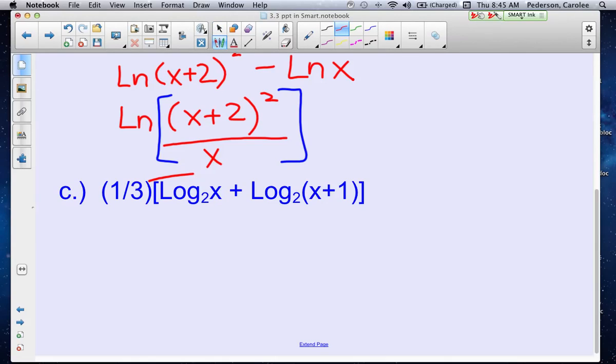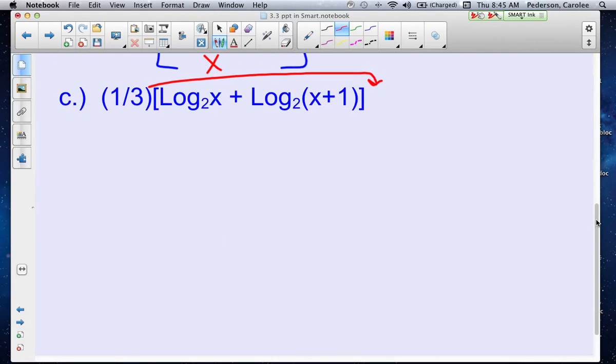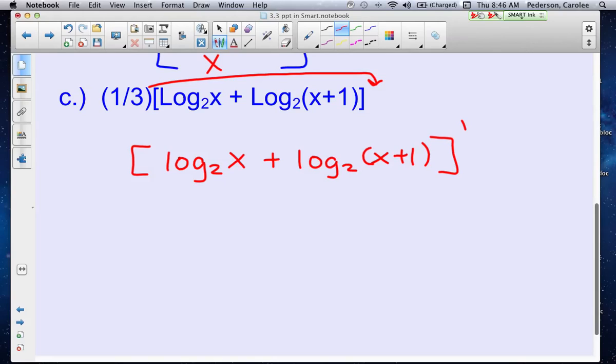So I bring that 1/3 back up to a power of 1/3. And then you said I can add the two logarithms back together by multiplication. So I have x times x plus 1.